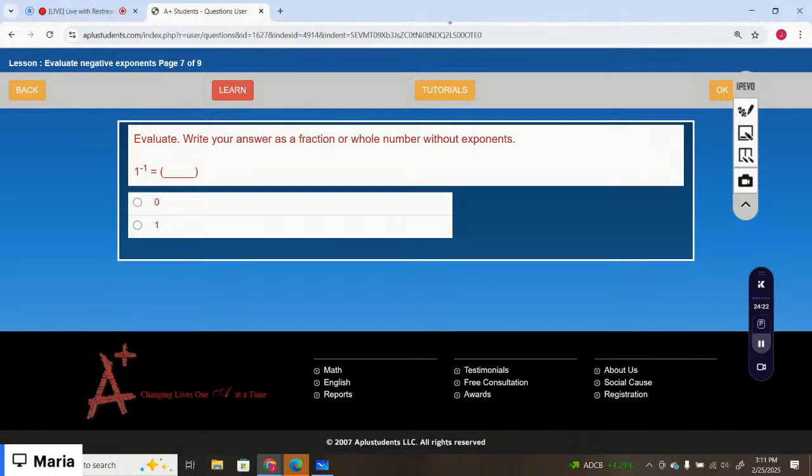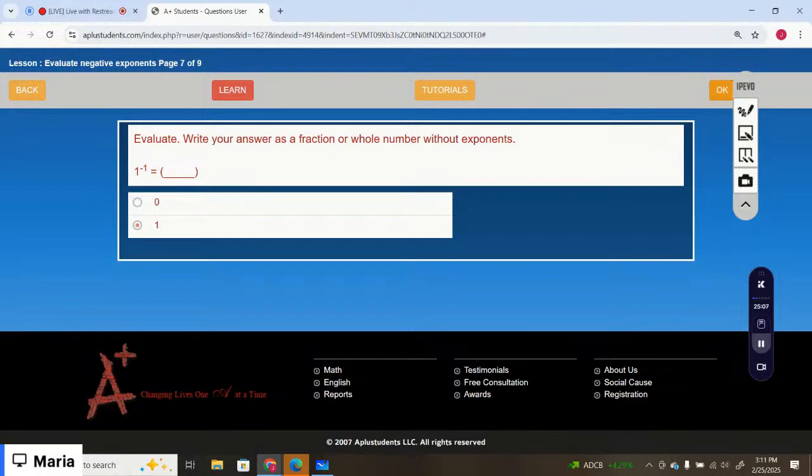1 exponent negative 1 is 1. Option number 2 is the correct option.